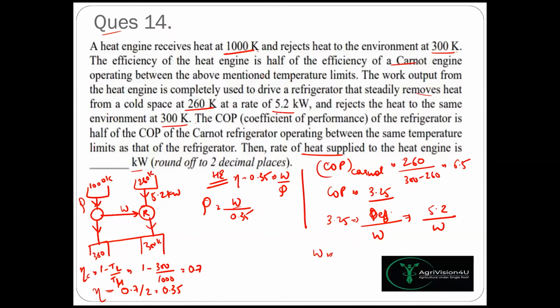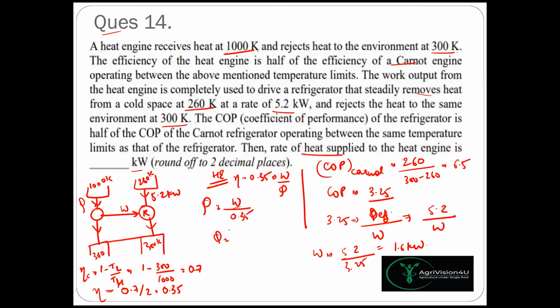So we can find out the work done would be equal to 5.2 divided by 3.25, and this will be equal to 1.6 kilowatt. Now 1.6, we have to find out Q ultimately, and we have found the work done.